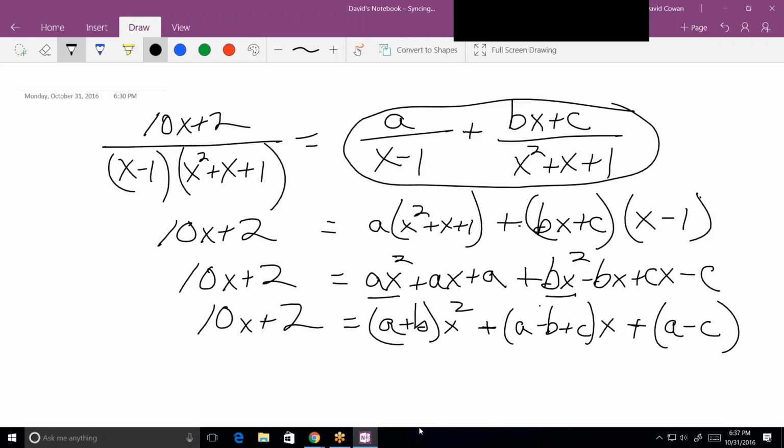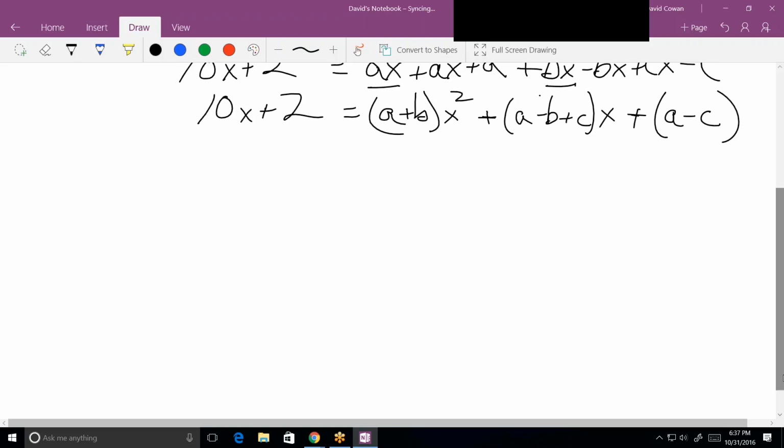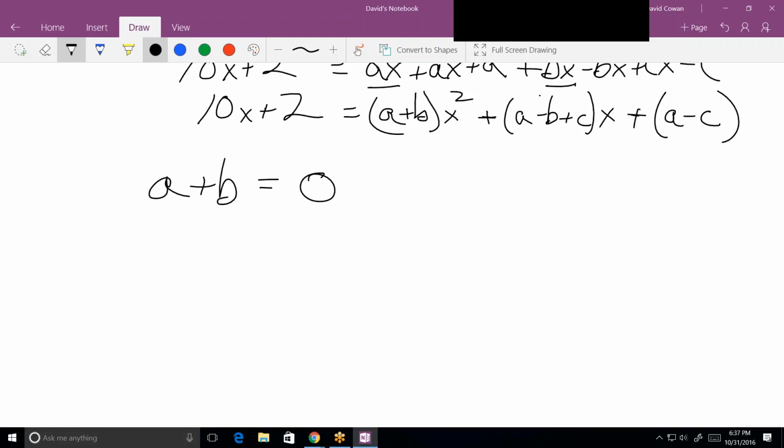Now, let's start coming up with some simultaneous equations, because these kinds of things usually come down to that. What can I say about a plus b? A plus b is equal to 0. What can I say about a minus b plus c?